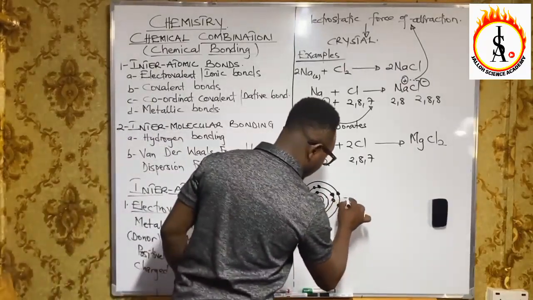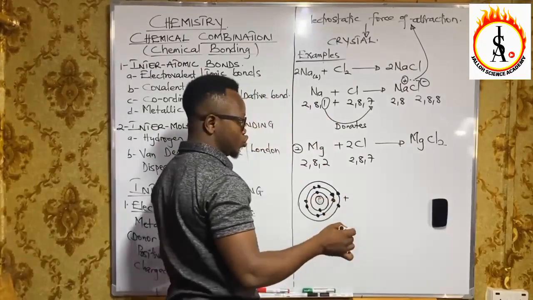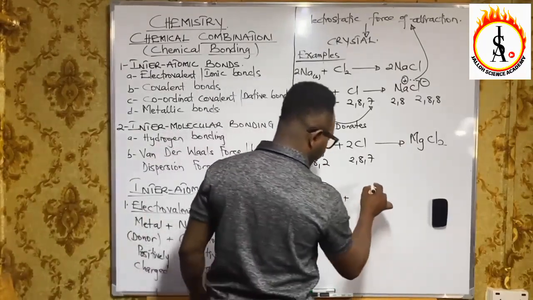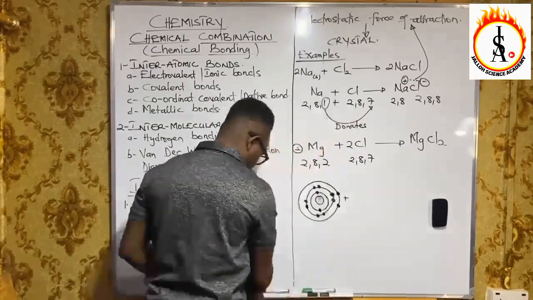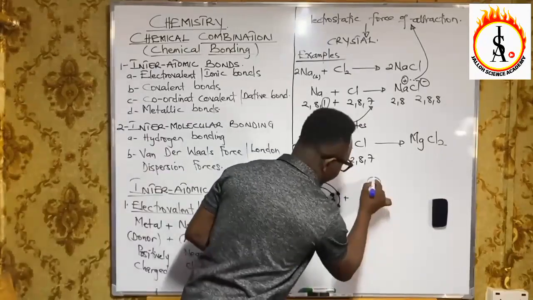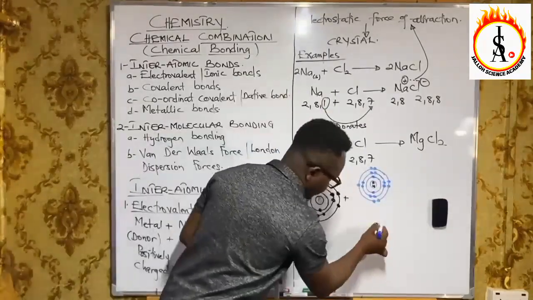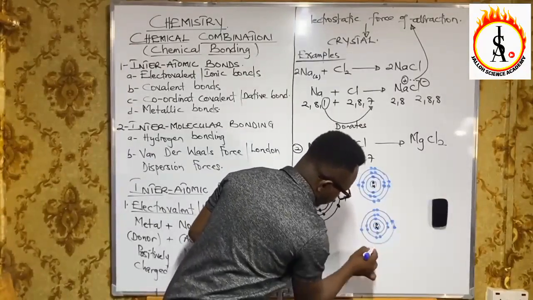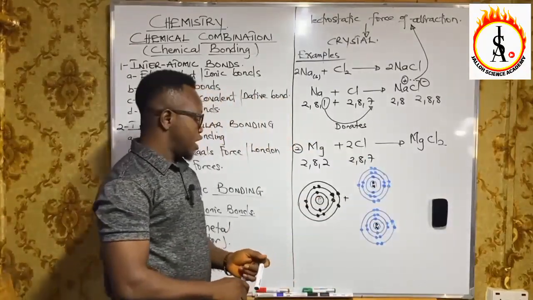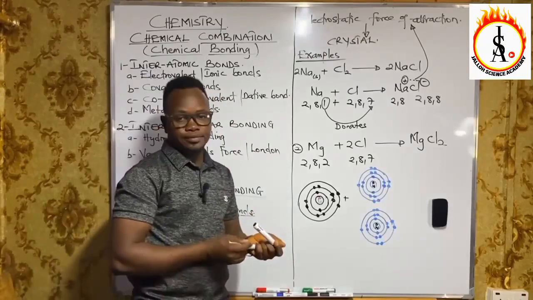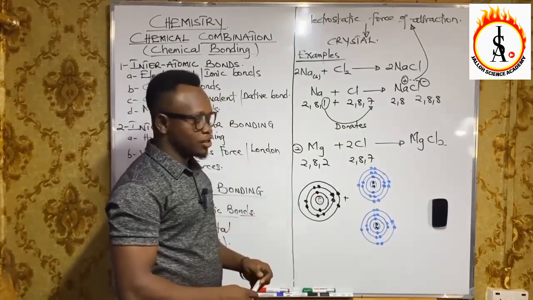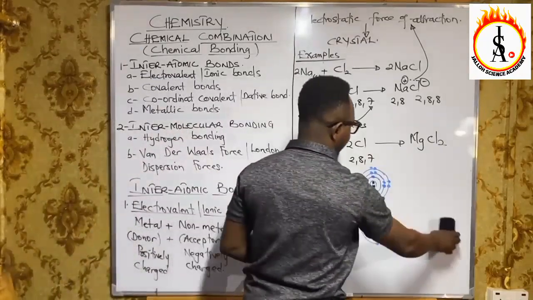So this is going to combine with 2 chlorine atoms. So these are the 2 atoms of chlorine that are available reacting with this magnesium.